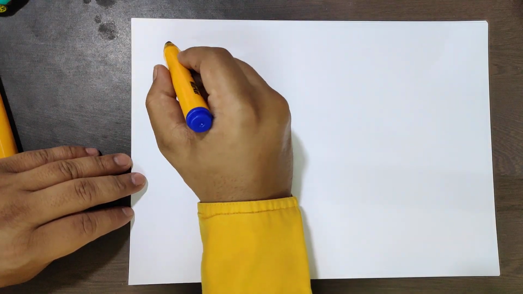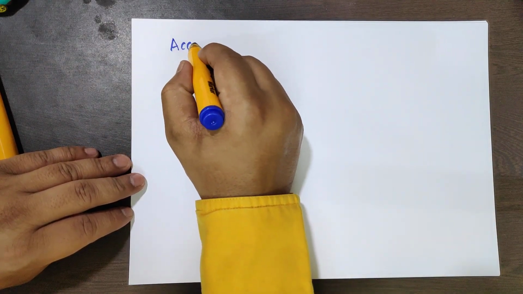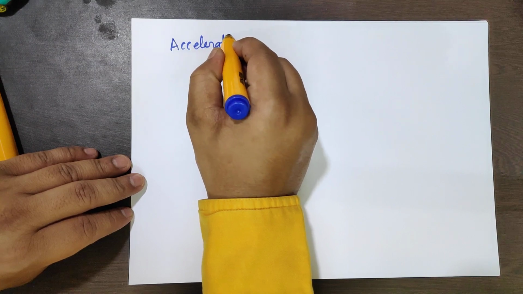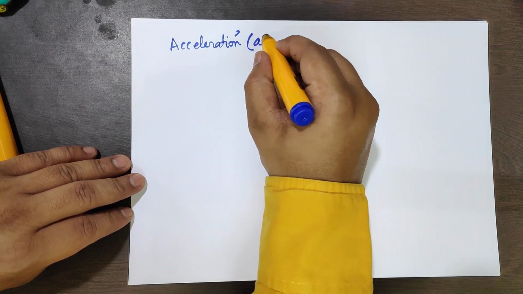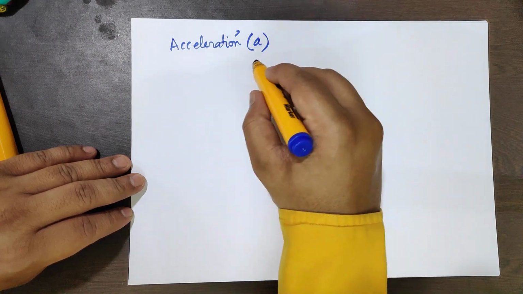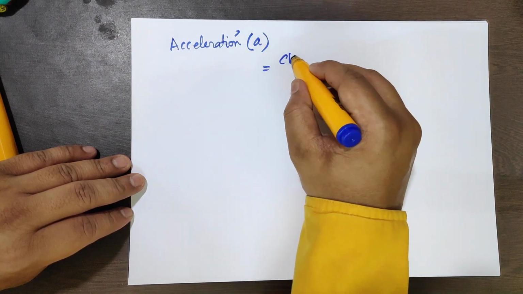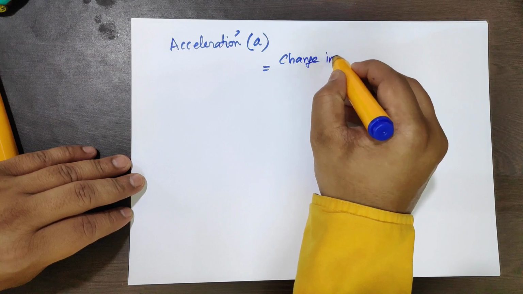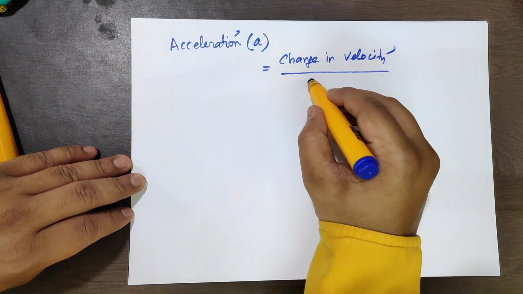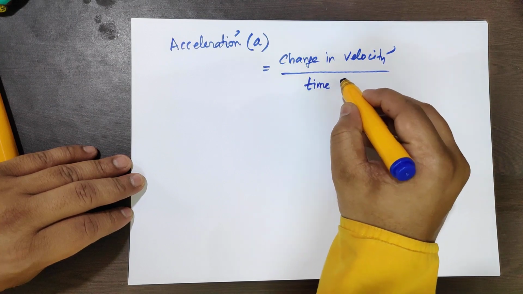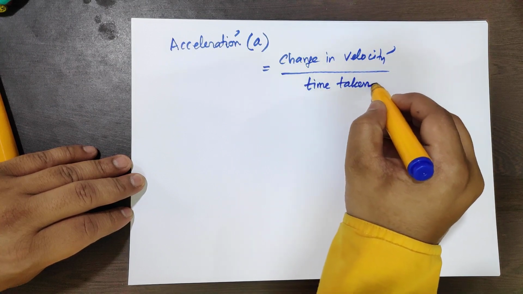Now next comes acceleration. Acceleration is denoted by a, that is change in velocity divided by the time taken for the change.